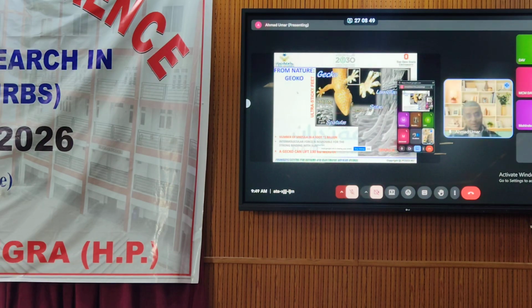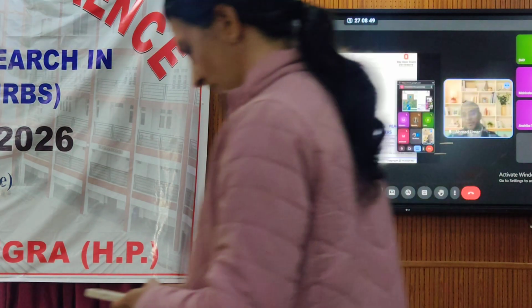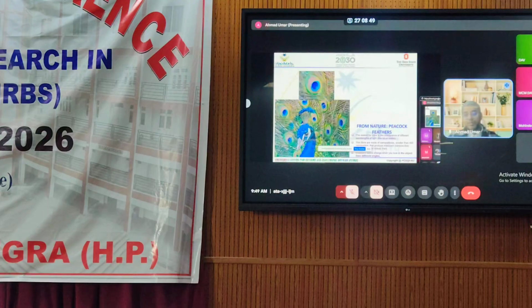I can give you some more examples from nature, like the peacock. The peacock is a very good example, because if you see the feathers from different directions, you can feel that they show different colors, which is because of the nanoparticles over the surface of the feather.